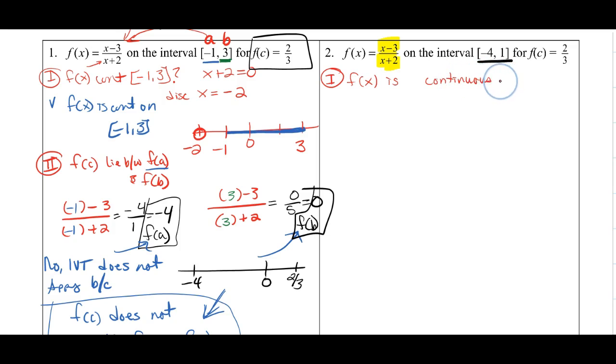Is it continuous on the interval negative 4 to 1? To do that, I would look at the denominator, find out where it is discontinuous. We did this back here, but it's worth noting again. Where the denominator equals 0 will cause a discontinuity. So at x equals negative 2 is a discontinuity.